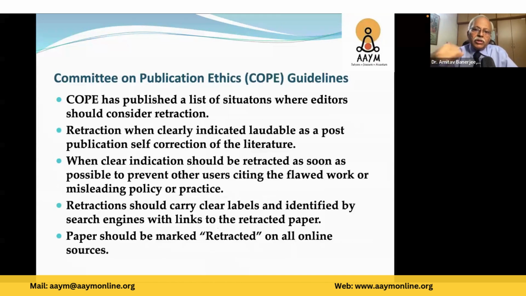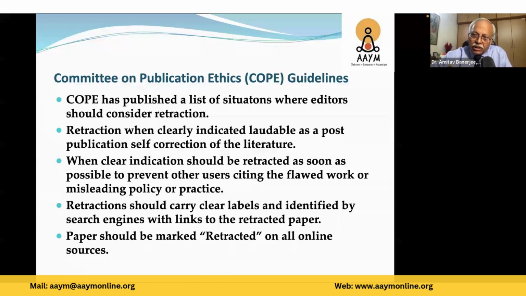So these are some of the resources, you can download them. COPE, the Committee on Publication Ethics, guidelines are there for yourself also, and to appraise other people. You can be a reviewer for other people's work. There is a list of situations where editors should consider retraction, when unethical papers need to be retracted.